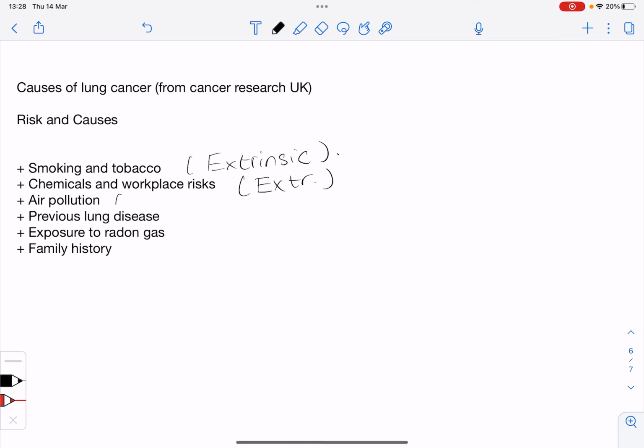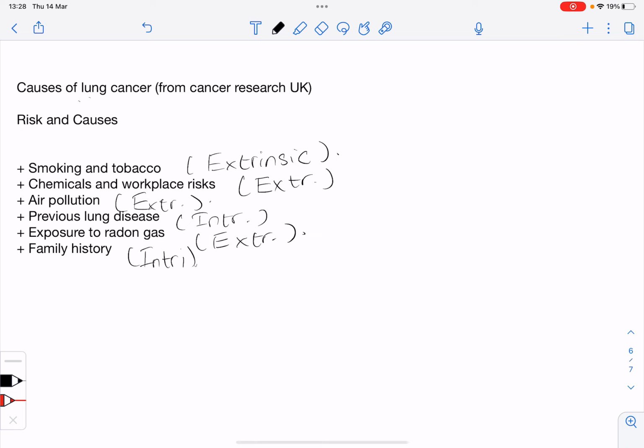Air pollution, again extrinsic. Previous lung disease, that's something to do with yourself, so that will be intrinsic. Exposure to radon gas, again that could be due to your workplace, extrinsic. And family history, that has to do with genes, so that is intrinsic.